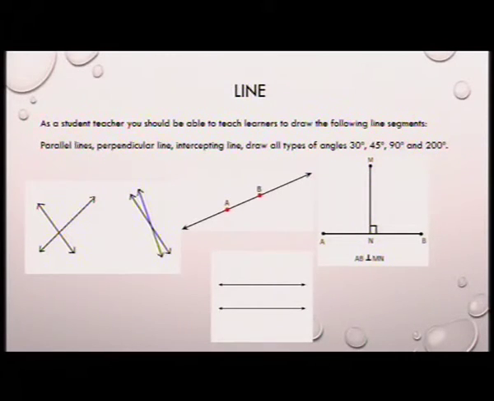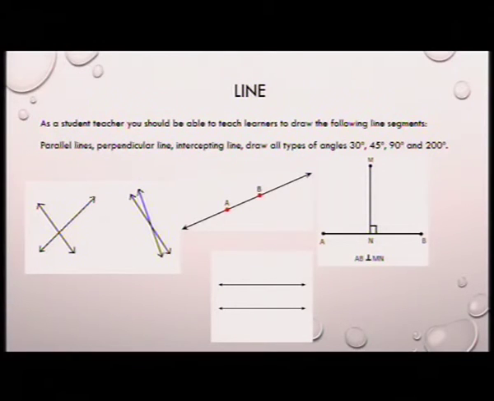Here I drew different types of lines that are bisecting each other or cutting each other at 90 degrees or less than 90 degrees. For example, the middle one shows A to B, and this line extends beyond A and B. You can also talk about parallel lines, and about lines that are perpendicular, and so on.